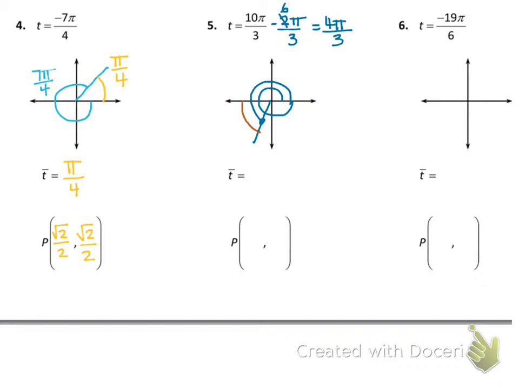So you're going to do 4 pi over 3 minus pi, and you get pi over 3. So if I use that reference angle, then pi over 3 in the first quadrant has the points 1/2, comma, root 3 over 2. But in my graph, 10 pi over 3 ends in the third quadrant, which means they are both negative.